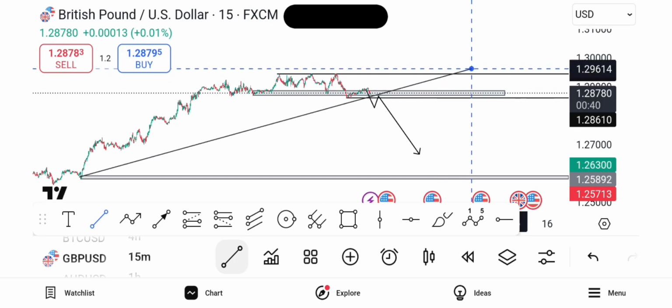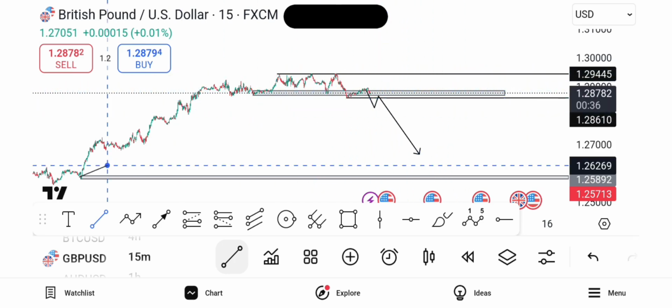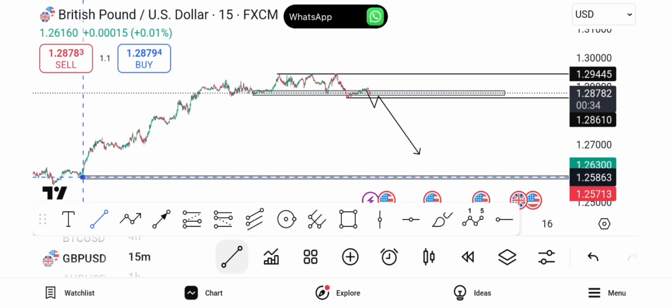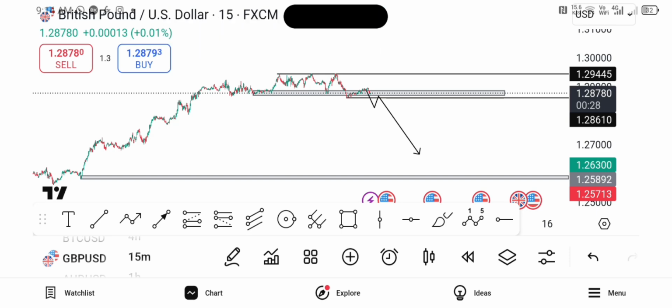If you're drawing a trend line, we began from our support. So how do you draw our trend line? You begin from support, then go upwards. Make sure it goes through the current zones.